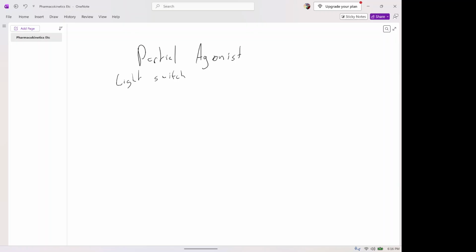A full agonist would be the light switch being on. The partial agonist would be like a dimmer switch in between, and the antagonist would be the light switch being turned off.